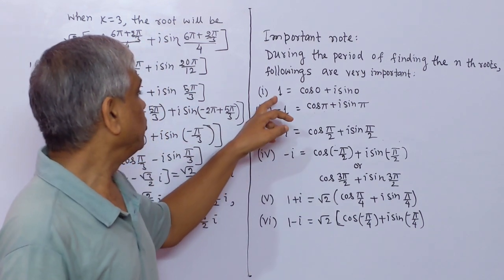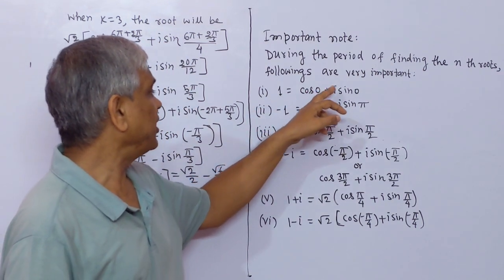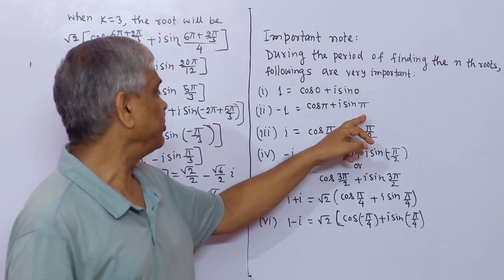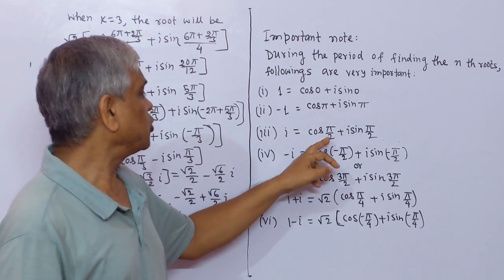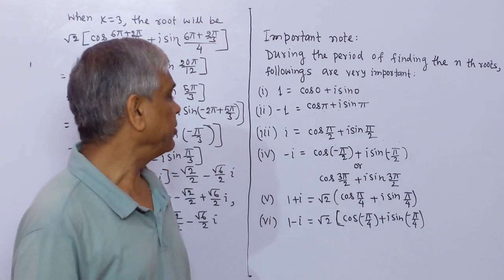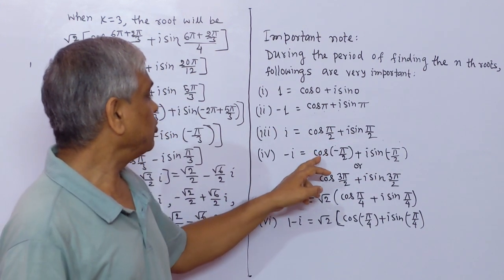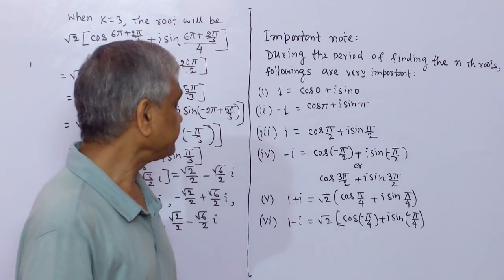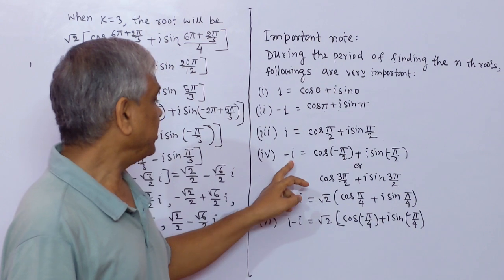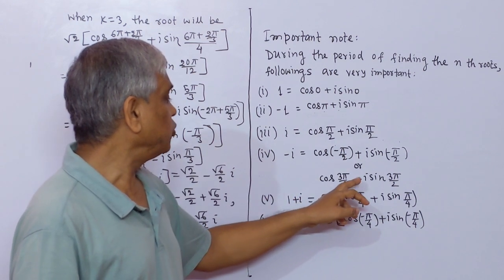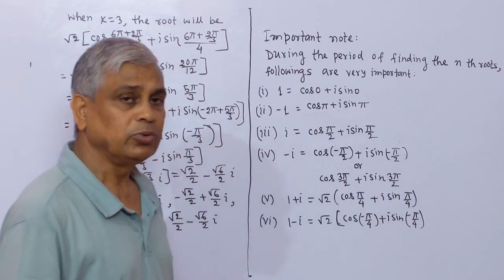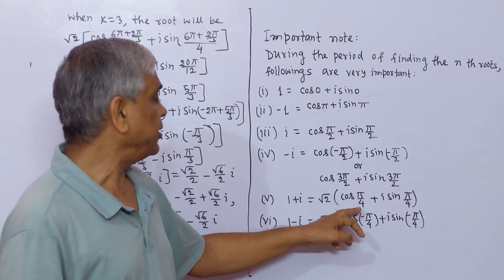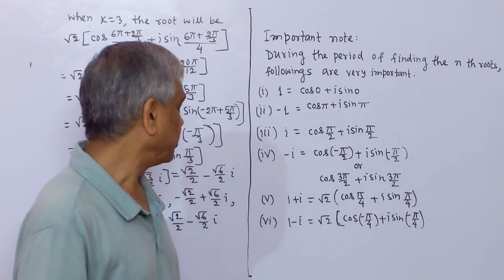So we may write 1 equal to cos 0 plus I sin 0, minus 1 equal to cos pi plus I sin pi, I equal to cos pi by 2 plus I sin pi by 2, minus I equal to cos minus pi by 2 plus I sin minus pi by 2, or minus I equal to cos 3 pi by 2 plus I sin 3 pi by 2, 1 plus I equal to square root 2 cos pi by 4 plus I sin pi by 4.